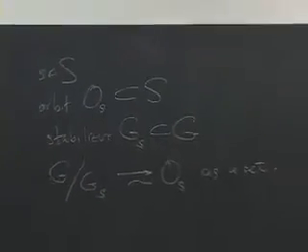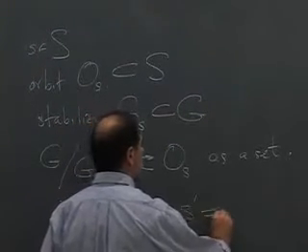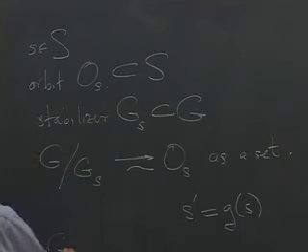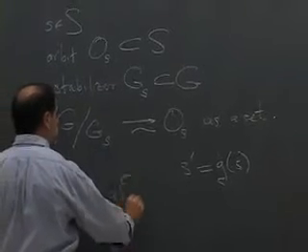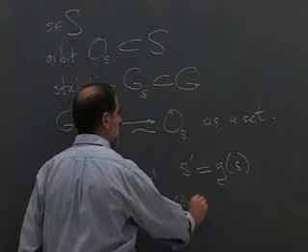And moreover, that if you took another point S prime in the orbit, so it was of the form G of S, and you looked at what the stabilizer of S prime was, it was a conjugate subgroup.